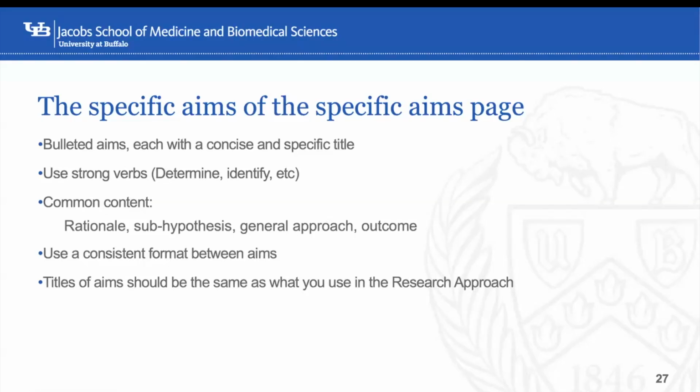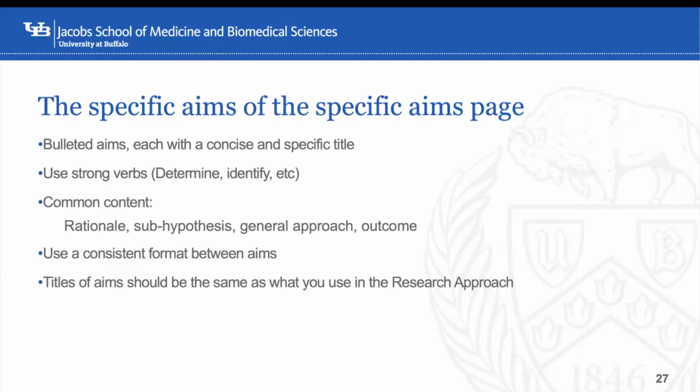What is the general approach that you're going to do, and what's going to come out of it? Okay. The key thing is that it's really good if you do something for aim 1 on that aims page, and the same thing is done for aim 2, in terms of how it's written, right? And I'll show you examples of that in a second.